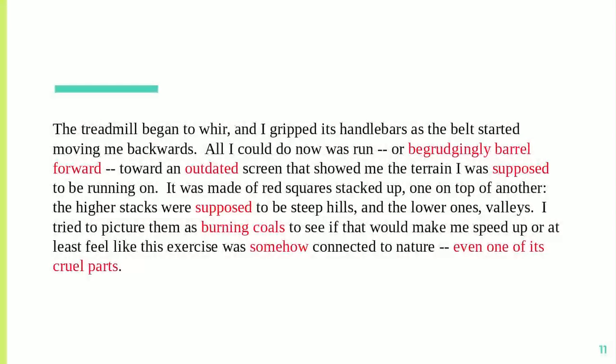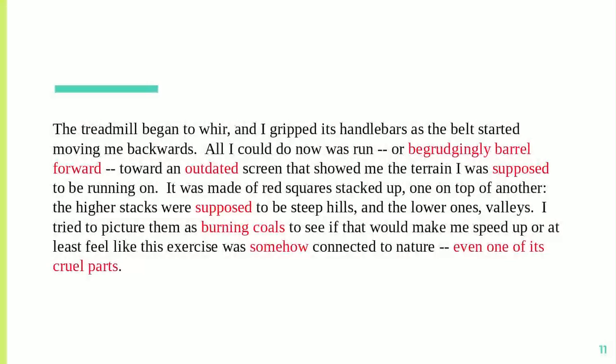So for looking through this, here is the language that helps me really understand the tone here. Words like begrudgingly barrel forward. Okay, you could just say something like, all I could do now is run or try to move forward. Instead, we get this idea of barreling forward, going fast in a begrudging way, a way that you hate.